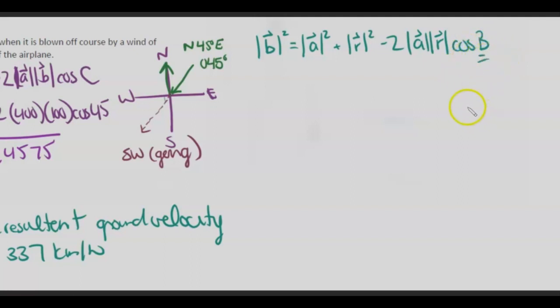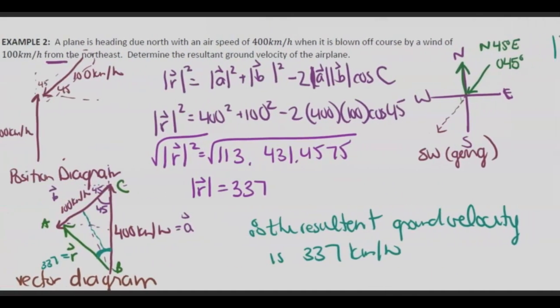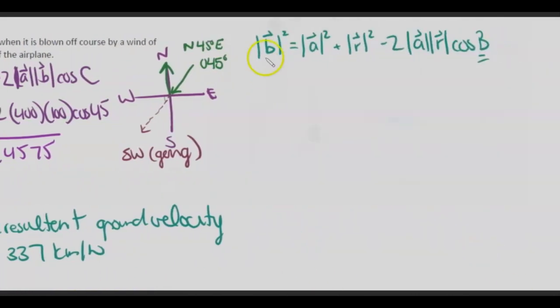The b is what we're going to be solving for. So subbing in b, a, and r, b is 100, a is 400, r is 337.